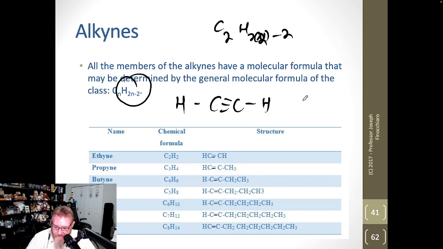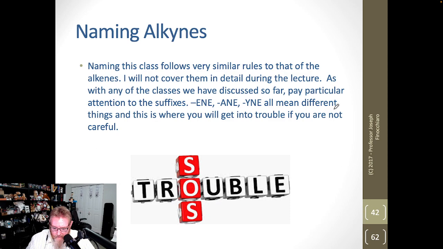And this will always give us C2H2. Now, there is no difference in how we name between the double bonds and the triple bonds. They're identical. And you will never be presented with an example that has double and triple in there. Plain and simple. It's just not going to happen.